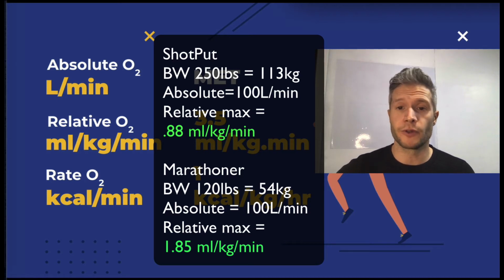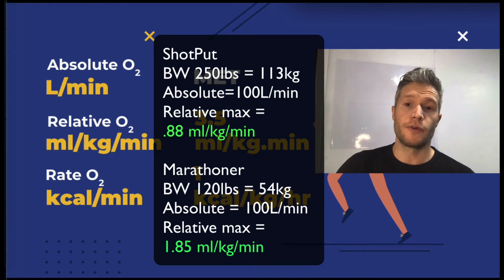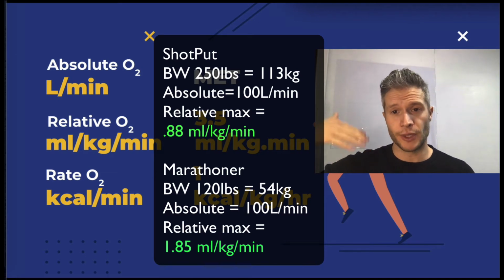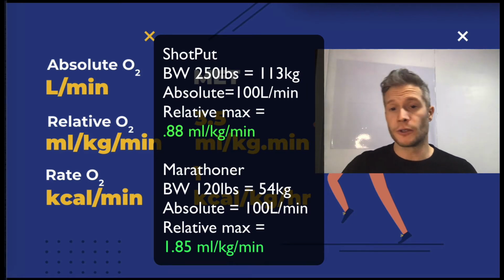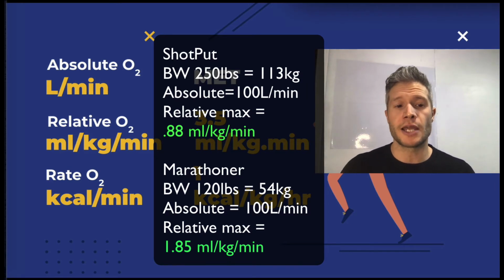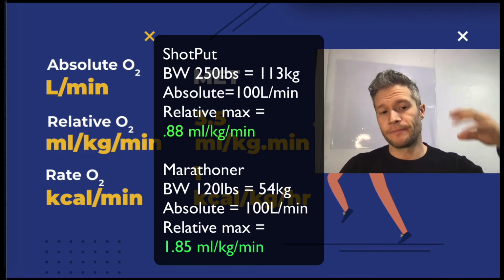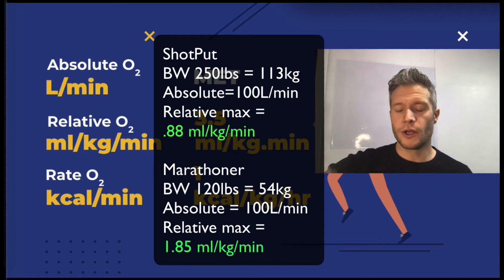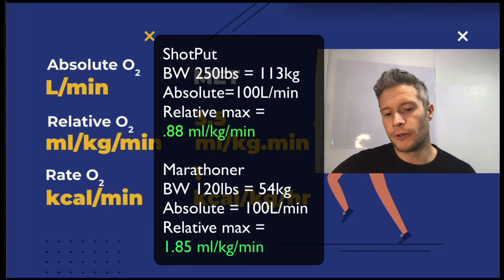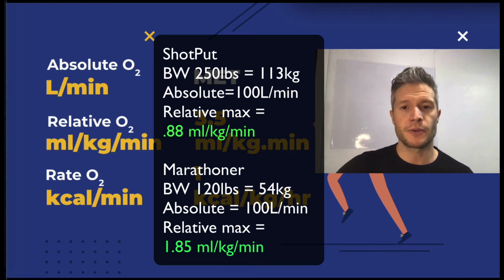But if you look at relative volume of oxygen use, in particular VO2 max, the maximum amount of oxygen your lungs can exchange to create energy, you take that absolute number and divide it by their body weight. So all of a sudden you have this shot putter who weighs 250, but their output, relatively speaking, to that body weight is quite small.